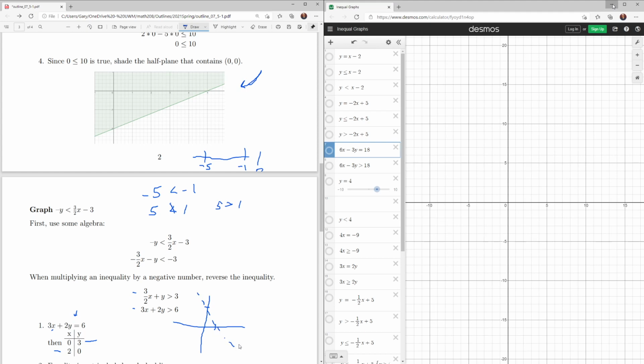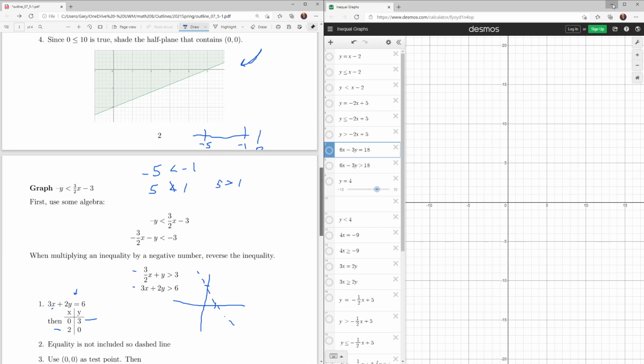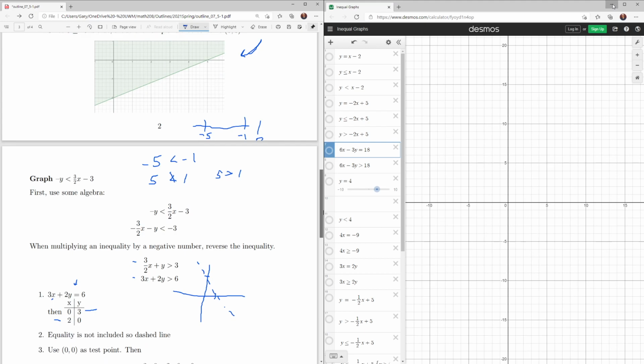Okay, let's move a little bit further. Now, how do we determine what side of the inequality we use? We pick a point. Typically, if it's possible, we pick the origin. So we're going to use the origin 0, 0 as a test point. 3 times 0 is 0, plus 2 times 0 is 0, and the inequality says greater than 6.